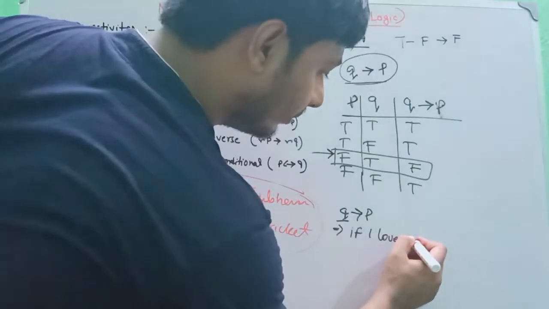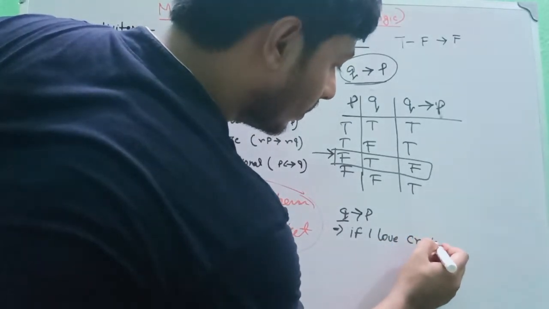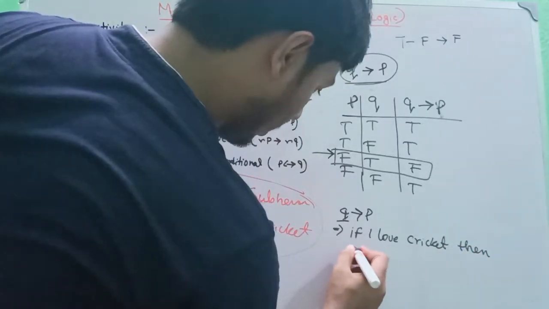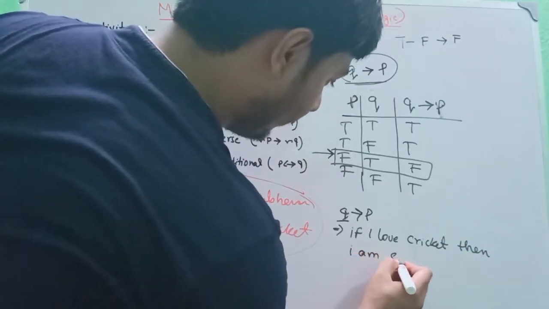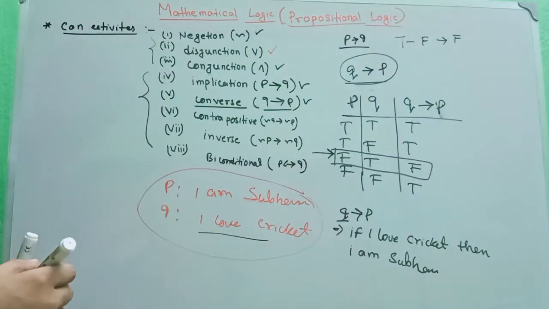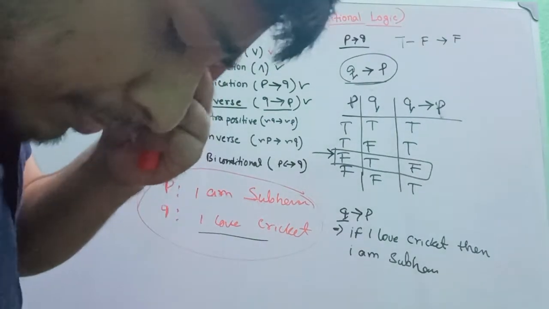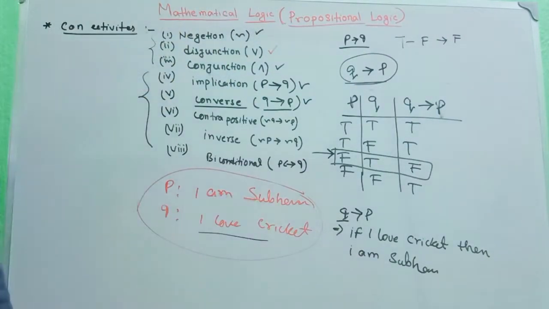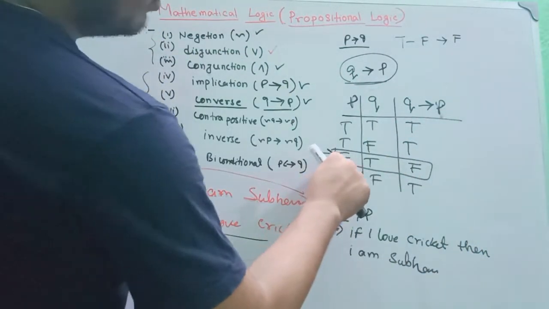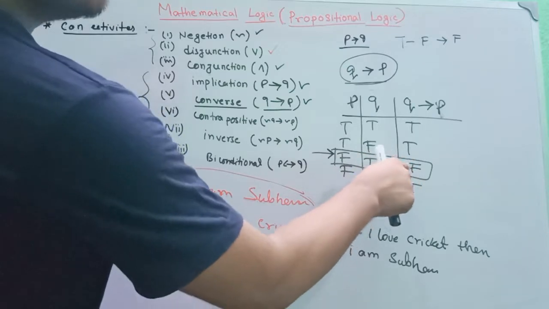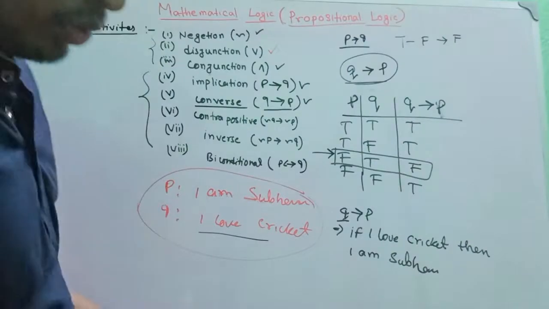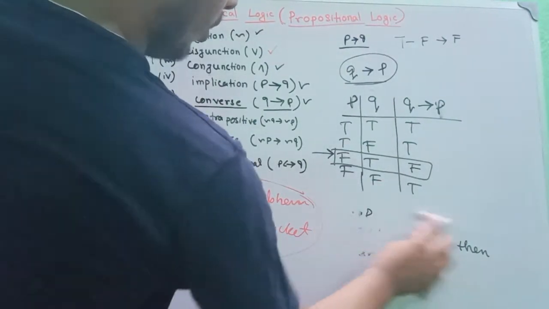If I love cricket, then I am Shubham. So that is all about converse. It is not complicated, it is easy. You have to remember, when false true comes, the result will be false. In all other cases the result will be true.